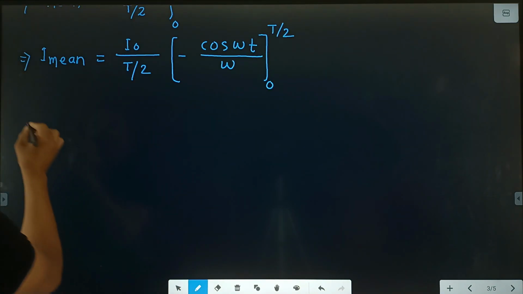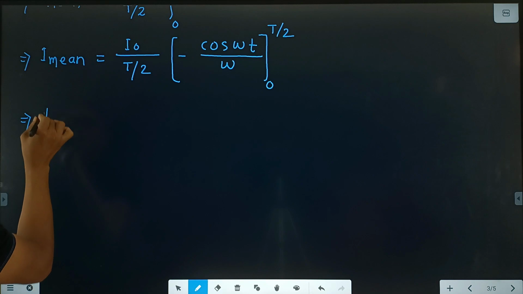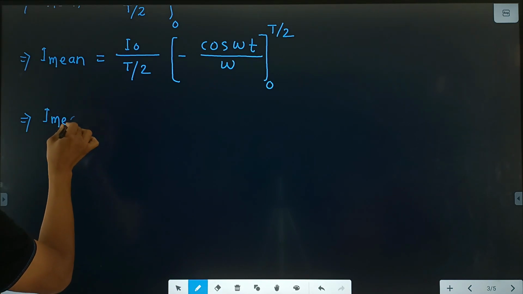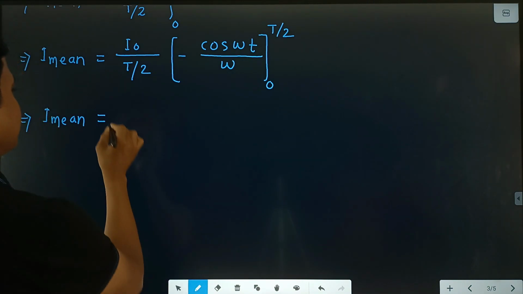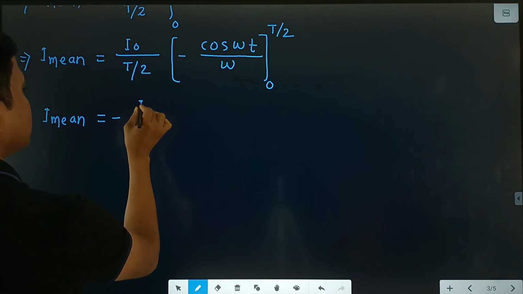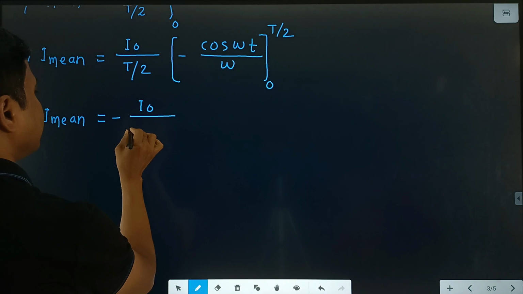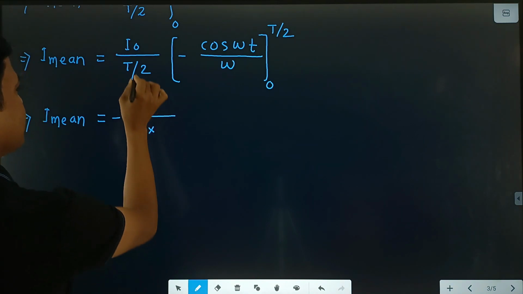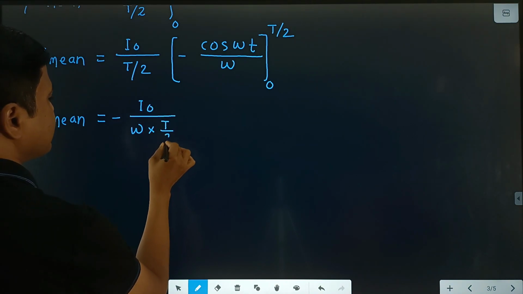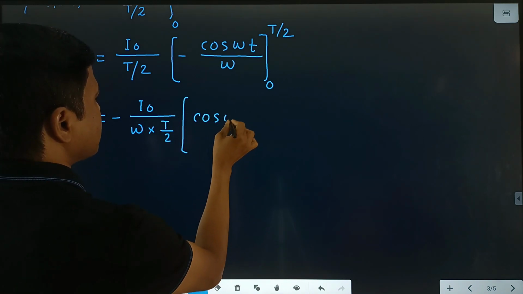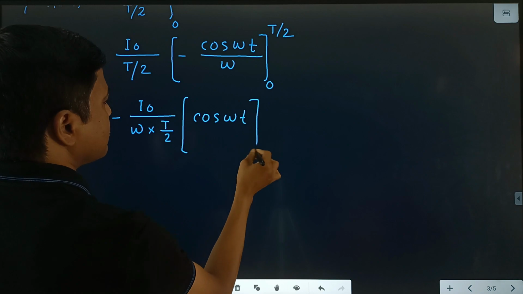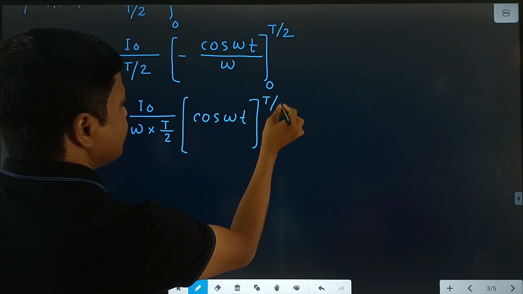That implies I mean is equal to minus I0 divided by omega, multiplied by, here T/2 is there, inside the bracket remaining cos omega t from 0 to T/2.